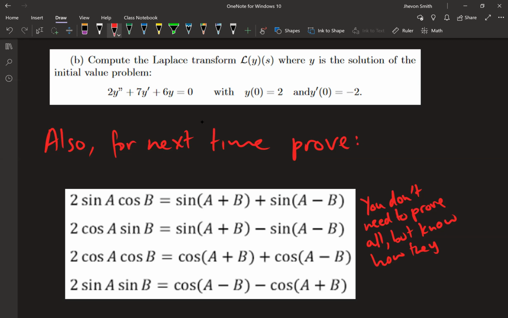So these are called the product of sum formulas. We're going to be using that tomorrow to figure out stuff. The hint is to use the addition formulas.